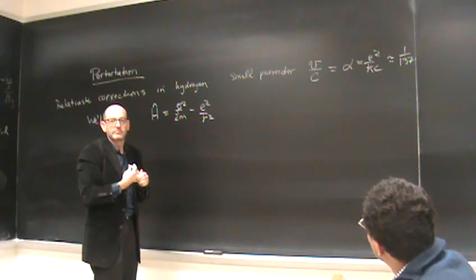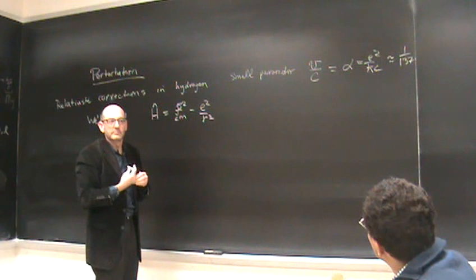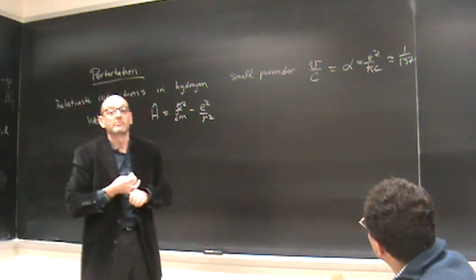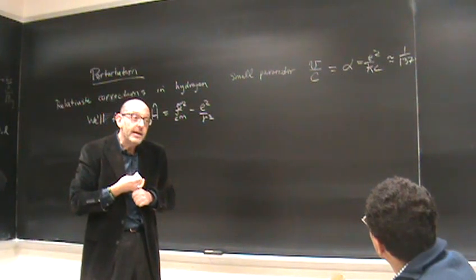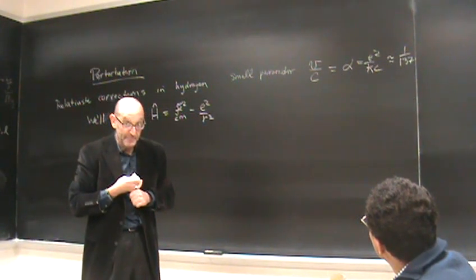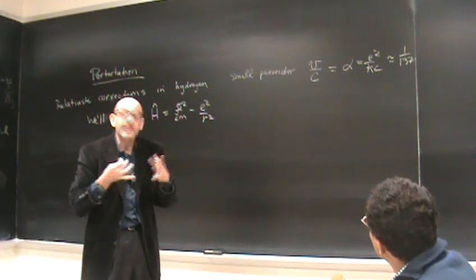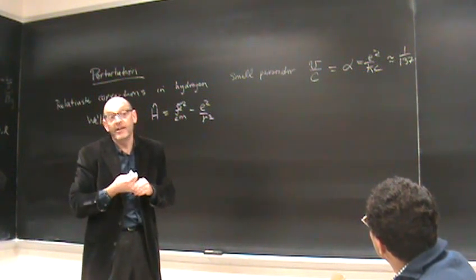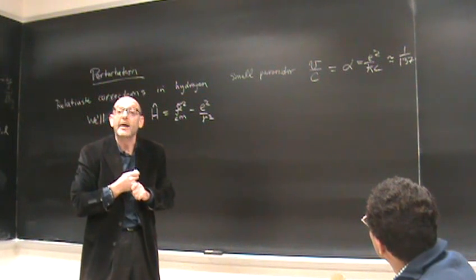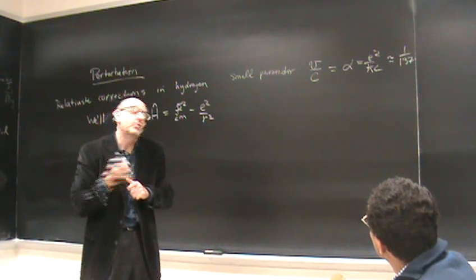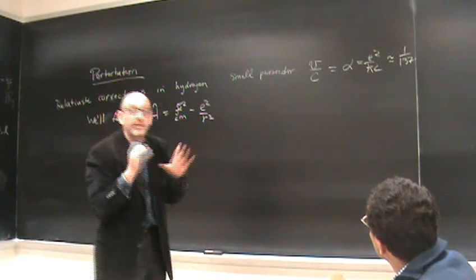So as you get to higher elements, the parameter approaches 1. It doesn't get that big, but it gets much bigger. So you are absolutely correct. In bigger Z atoms, relativistic effects become more important, because the electrons are moving much faster. We'll come back to that a little bit.